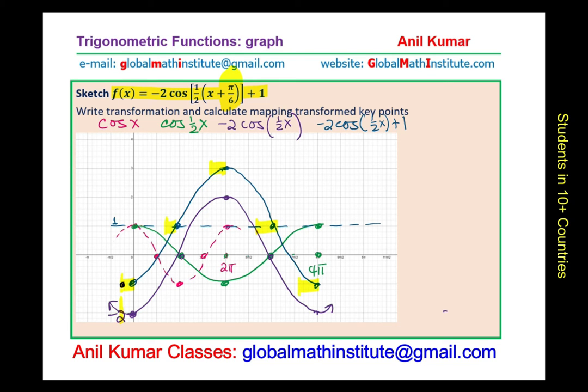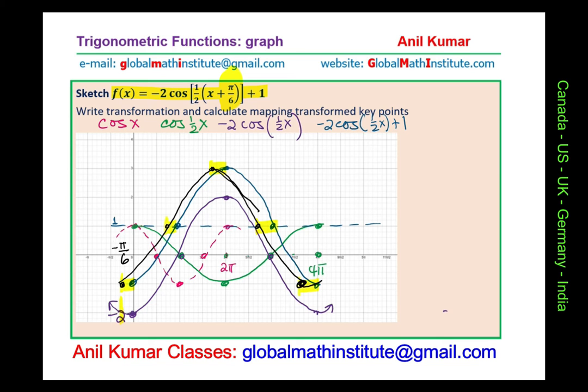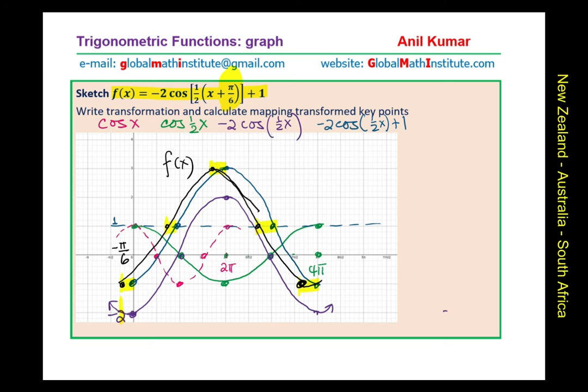So that is my points, correct? So each division is pi by 6 to the left. You understand, right? So, which is 2 divisions on this particular scale. And what we get here is this graph. You get the idea, right? So that is the final graph, which is the graph of our function, which we're talking about.